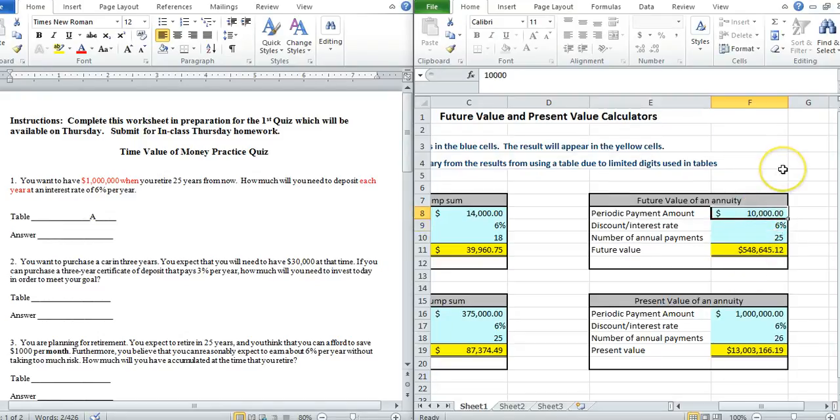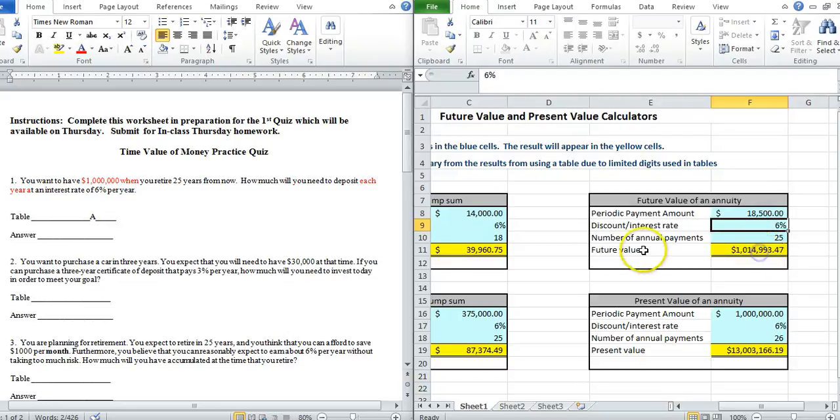It's only 500,000. So I'm going to go up to $20,000, and that's a little bit over $1 million. So I know I'm a little less than $20,000. So let me try 18,000. Getting closer. How about 18,500? You know what?